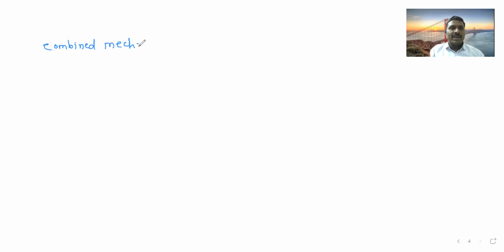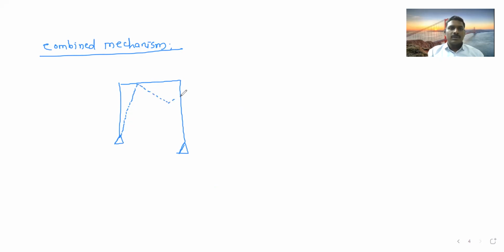See, the various types of mechanisms we have seen, and these mechanisms we are solving here. So how does the combined mechanism look? Combined means a combination of beam and column.